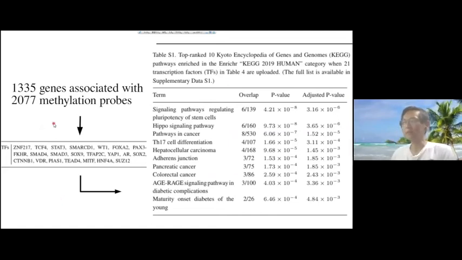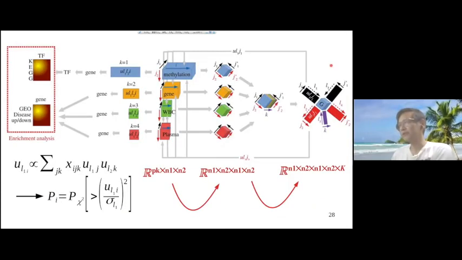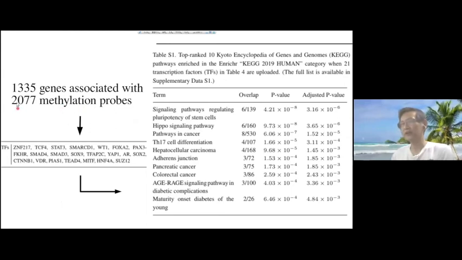But for example, in the methylation case, although the number of probes is this number, our method can correctly select a limited number of methylation probes, and these genes are associated with these methylation probes. I have found a limited number of transcription factor targeted genes, and this transcription factor has useful biological meaning. So our strategy can be successfully applied to the integration of multi-omics datasets.